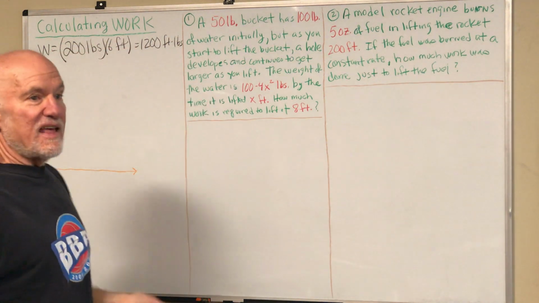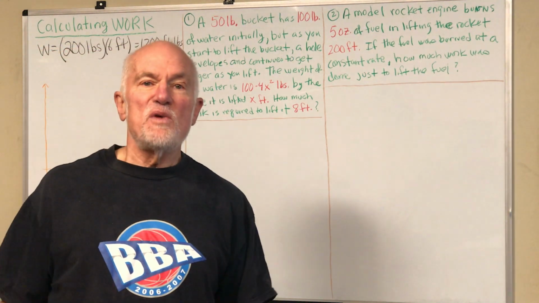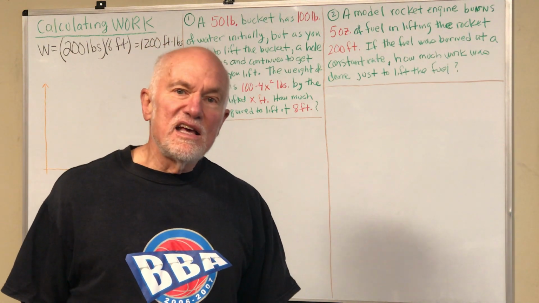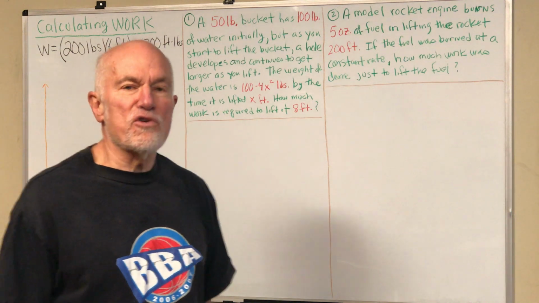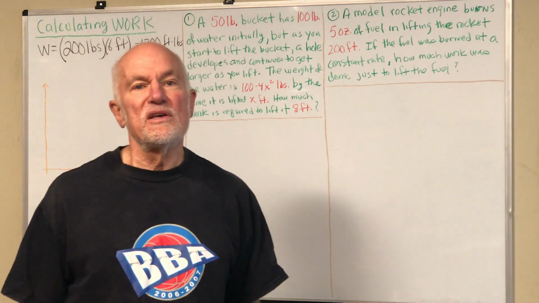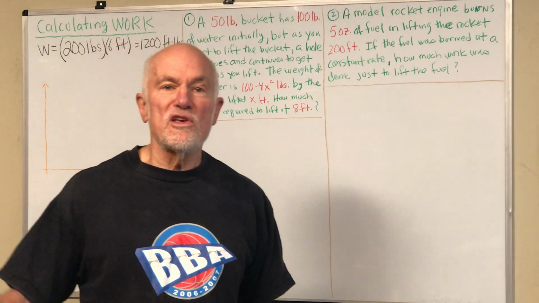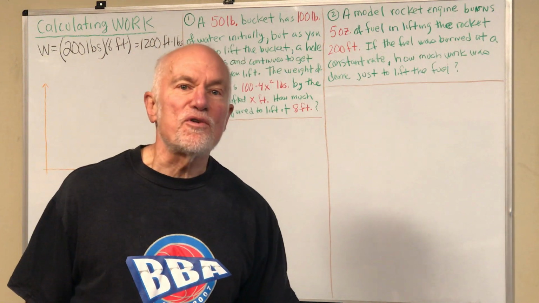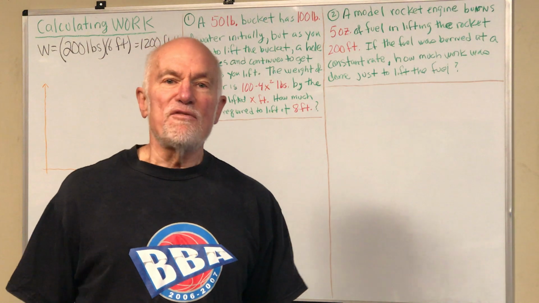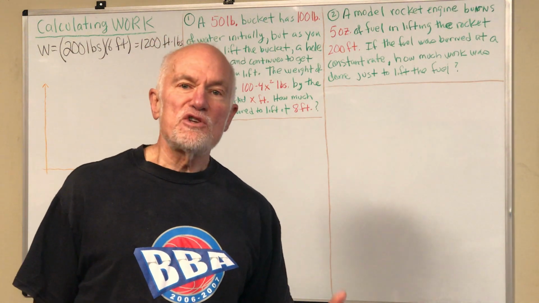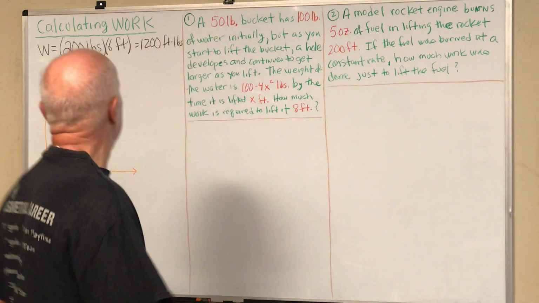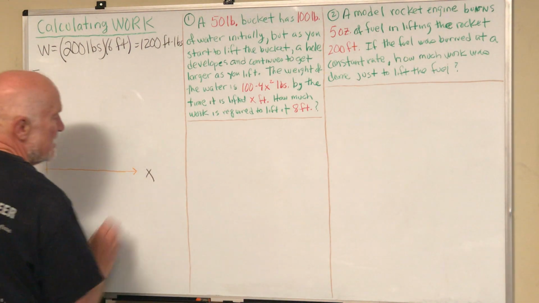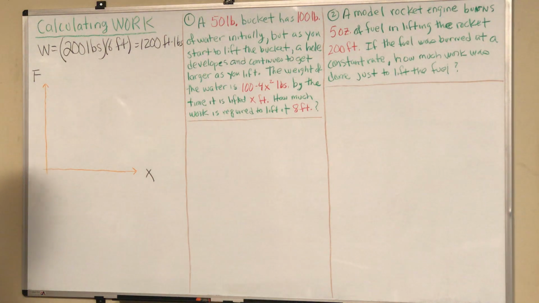Anyway, that seems really easy. Why do we have to have calculus involved? Well, as you might have kind of guessed, sometimes the force you're exerting isn't the same throughout the whole distance you're exerting that force. You have a variable force rather than a constant force. So you actually have a function that tells you how much force you have depending on the position you're exerting that force at.